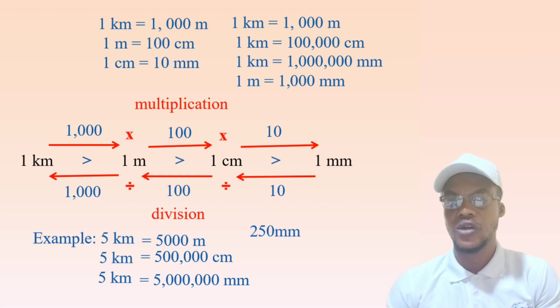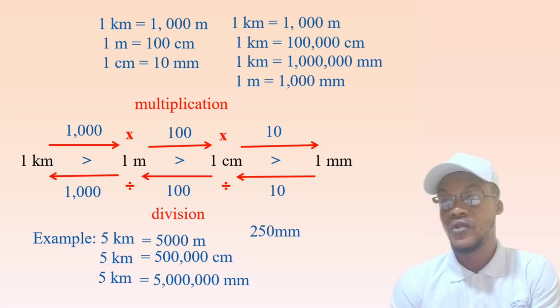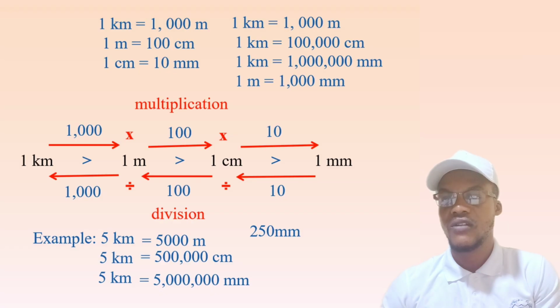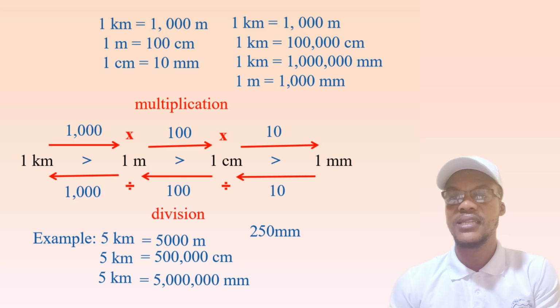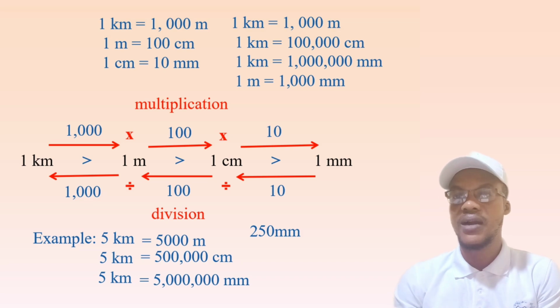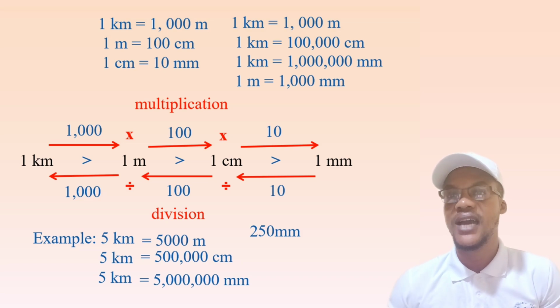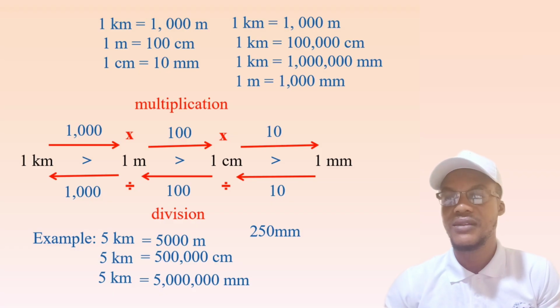Let's say you have 250 millimeters to convert to centimeters. What do you do? The same way: when converting from centimeters to millimeters, you multiply whatever is given in centimeters by 10 to get the number of millimeters. If I'm changing backwards, I have to divide by the same value.